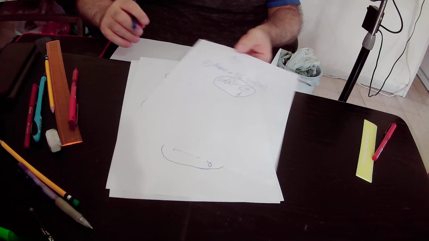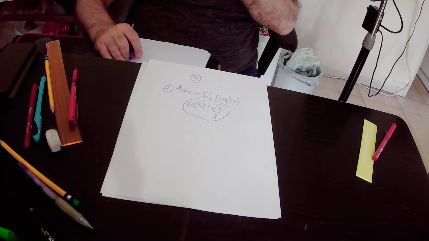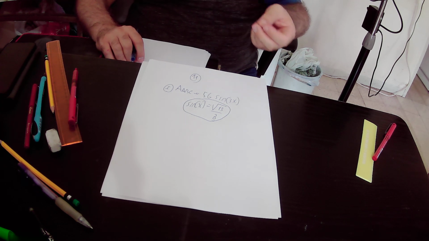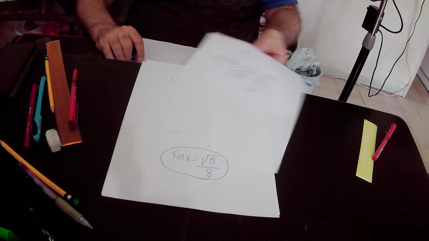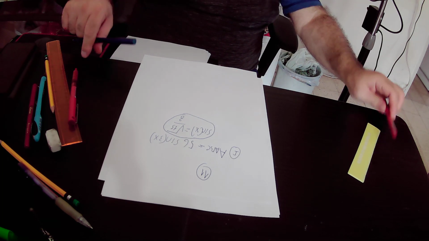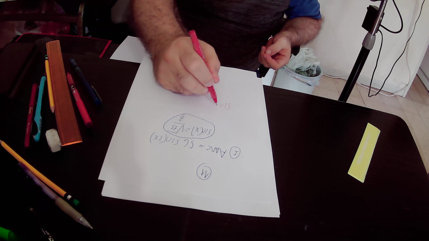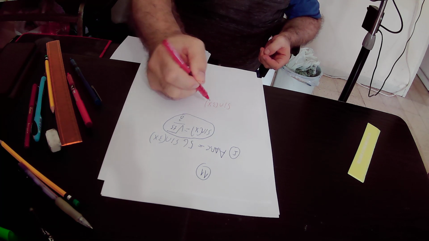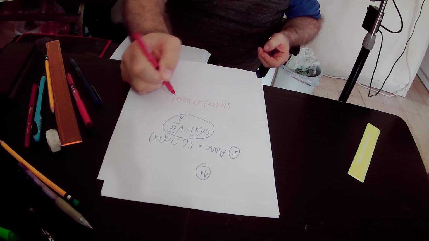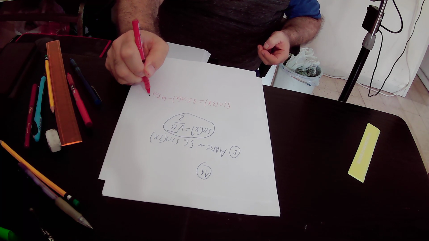So, in order to find out the value of sine 3x, I will present a new trigonometric identity for sine 3x. According to the following trigonometric identity, sine 3x equals 3 sine x minus 4 sine cube x.